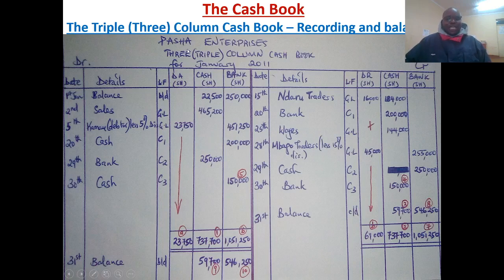We first look at the cash column. We compare the two, and we start with the totals for the cash column, which is 737,700. The same is recorded here as the balancing, so that we can look for the balancing figure, 737,700.